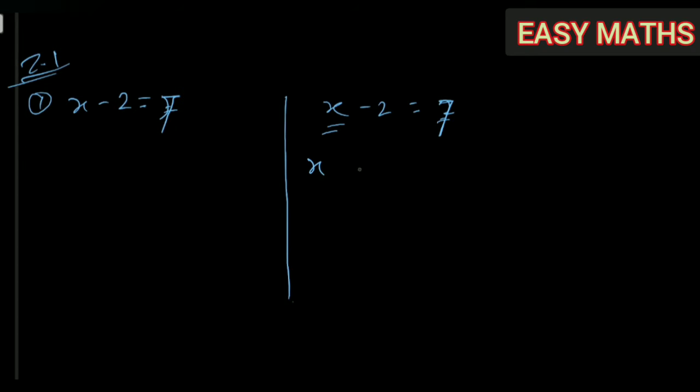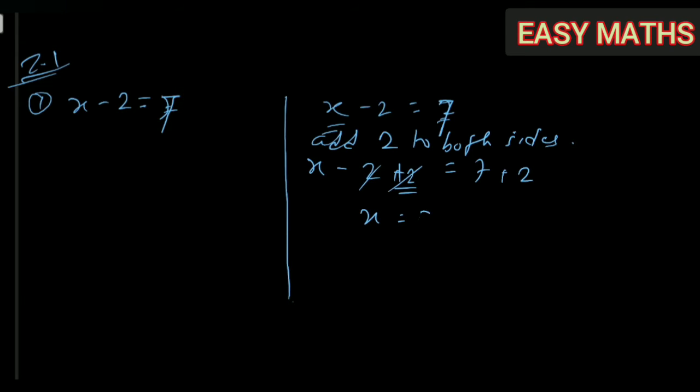We have x minus 2 in our question. So we add 2 to both sides so that this minus 2 gets cancelled. So minus 2 plus 2 gets cancelled and we get the answer x equal to 9. But we are not going to do this method. We will be doing the method which I am going to tell you now.